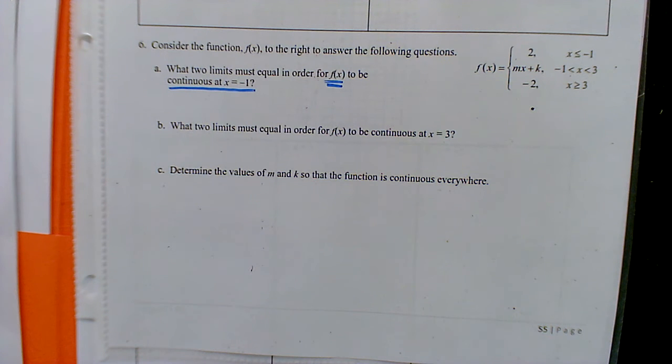So in terms of continuity, if one function is ending at -1, whereas the other one's beginning at -1, we need to make sure that they begin and end at the same place. That way you can continuously draw your graph. If they don't end in the same place, we're going to have some type of jump going on.